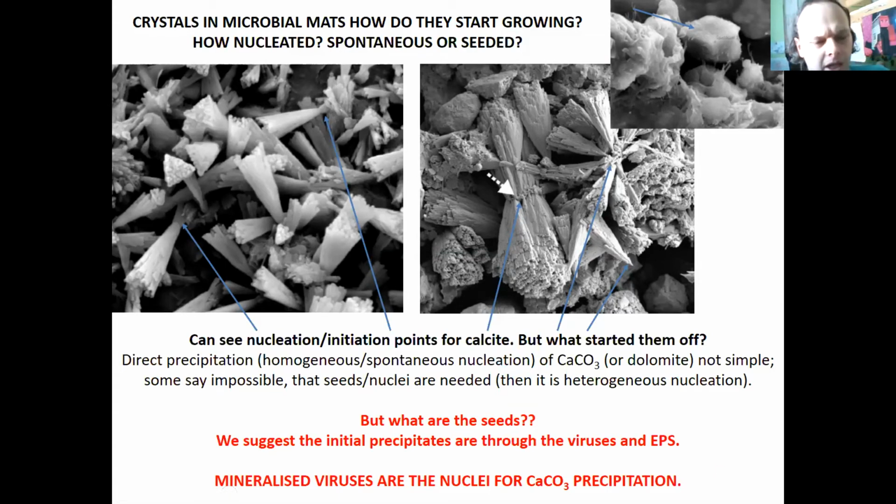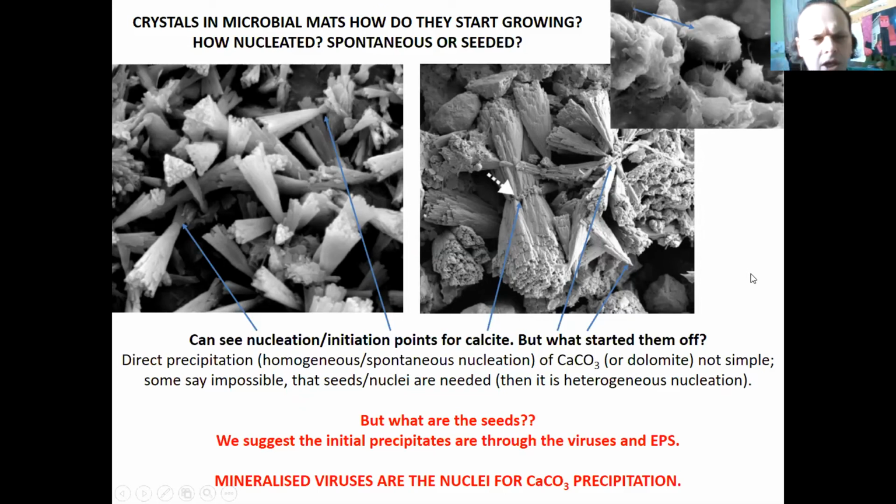In general, if you are familiar with carbonate mineral precipitation, you know that we can have at least one type of precipitation, the so-called direct precipitation, which we call homogeneous or spontaneous nucleation of calcium carbonate or dolomite, like here, for example, in this image.